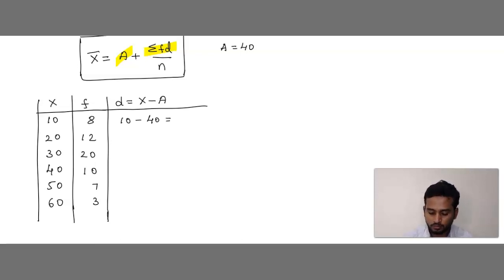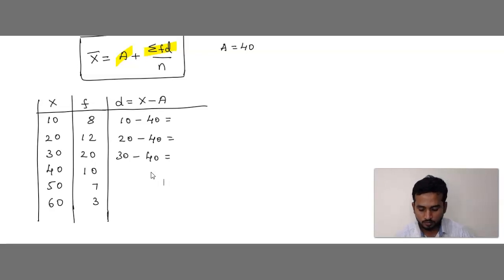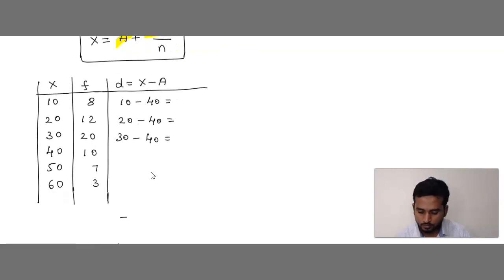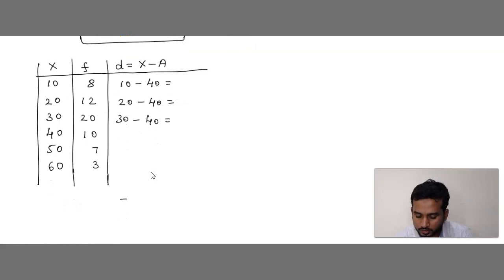Next 20 minus 40, 30 minus 40, and next 40 minus 40, then 50 minus 40, 60 minus 40.